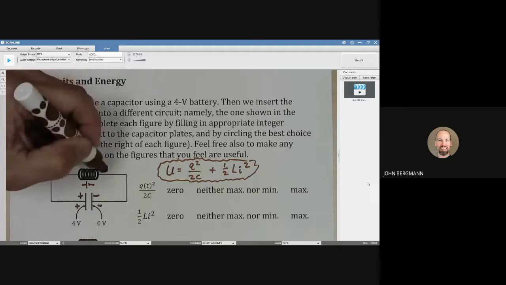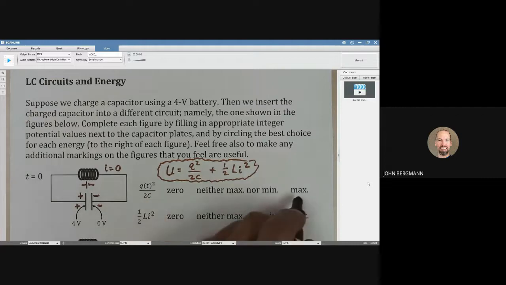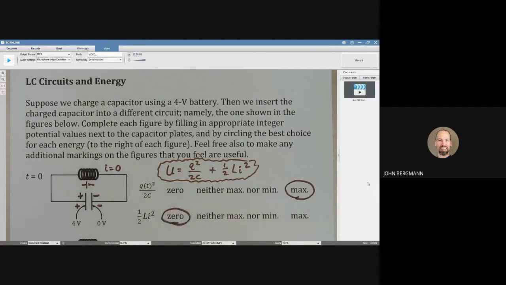And there is no current at that first instant. All the energy is stored in the capacitor, and since there's no current, there's no energy being stored in the inductor.